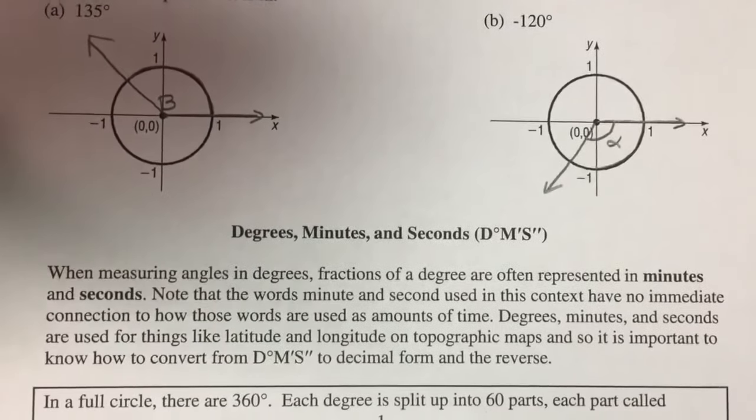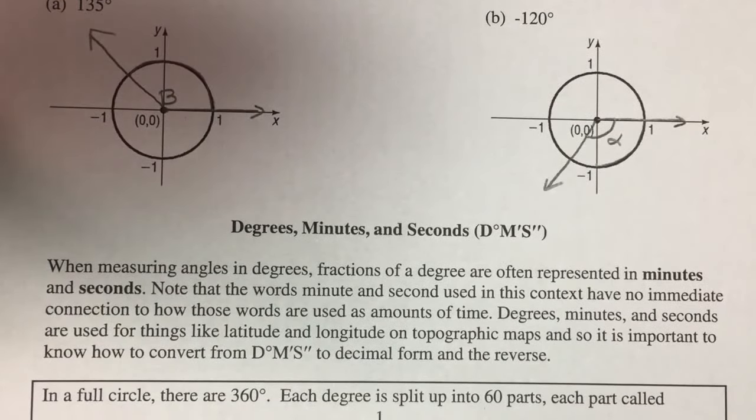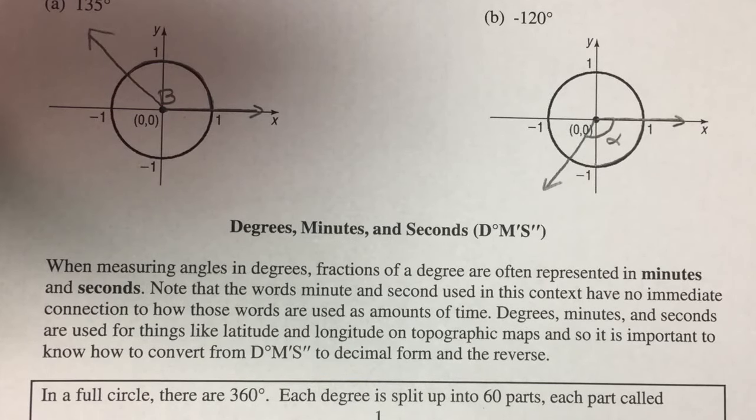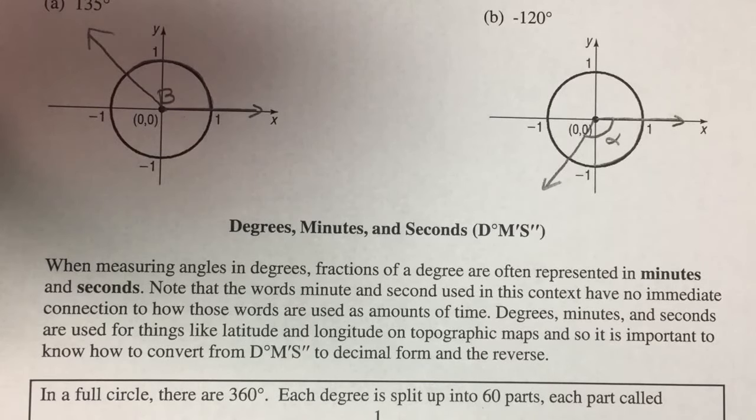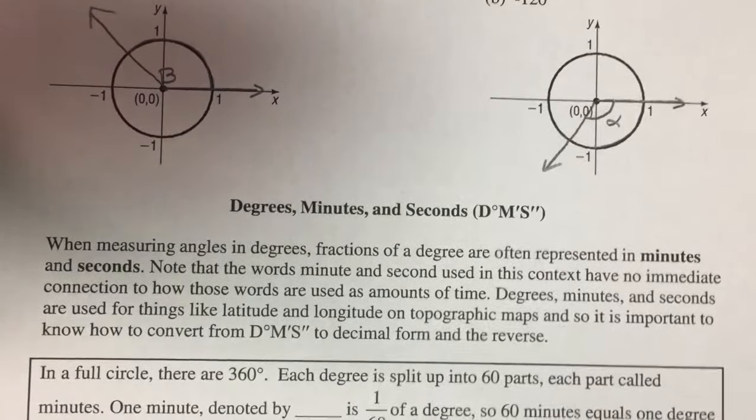So we don't use it very often, but we can talk about degrees in degrees, minutes, and seconds. Every degree can be divided into 60 parts, and those are called minutes. You can picture they're very small, and then every minute can be divided into 60 parts, and each one of those is called a second.